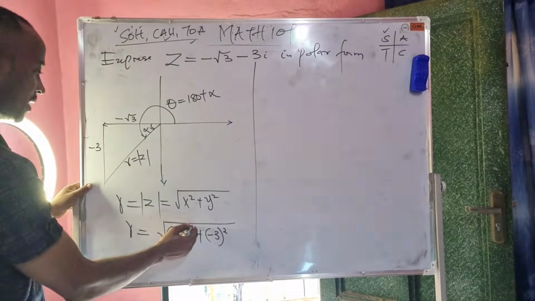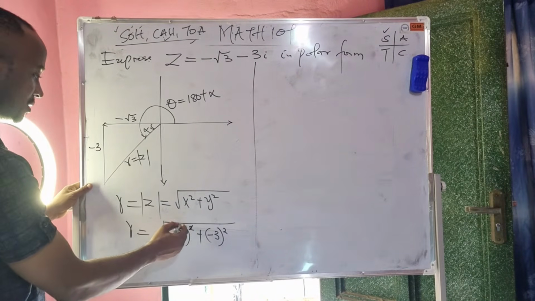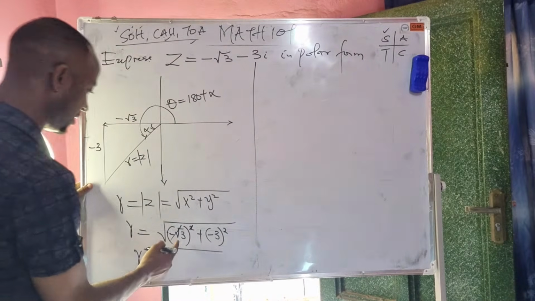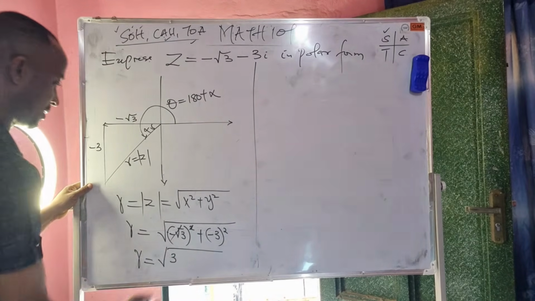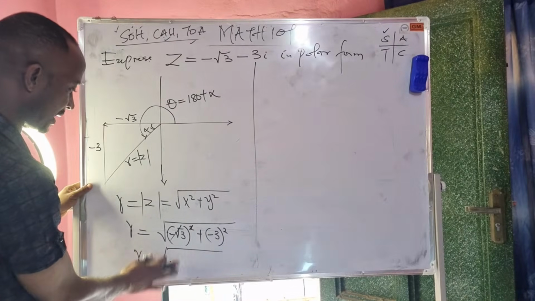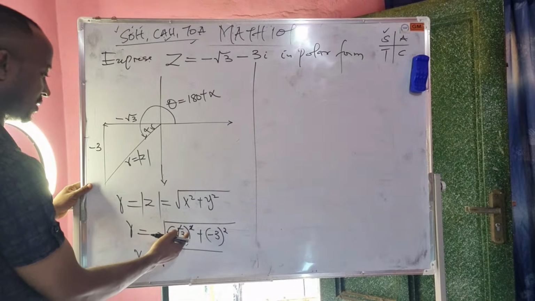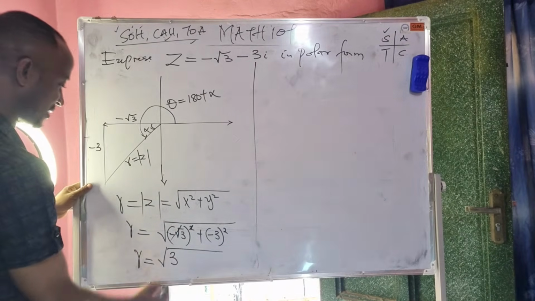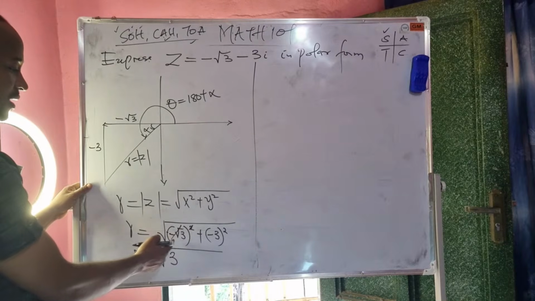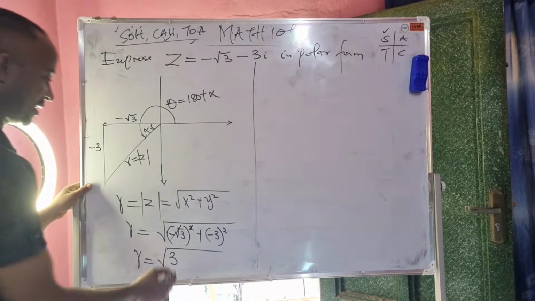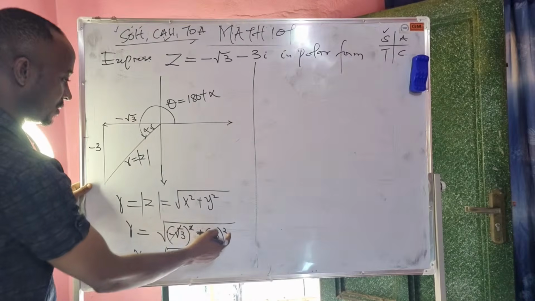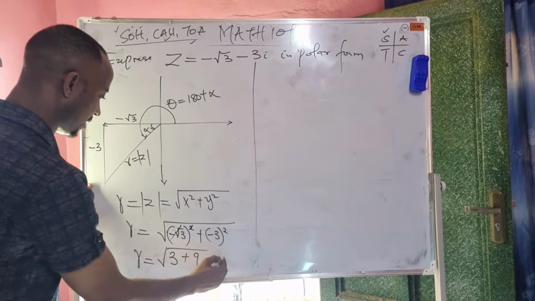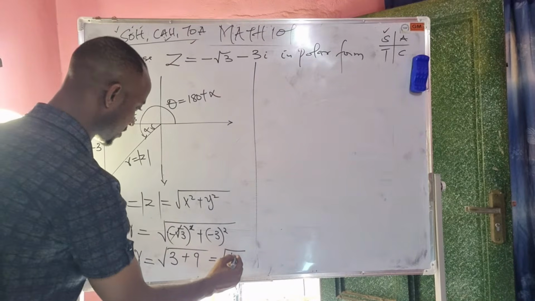The square cancels the square root, so we are left with positive 3, because the minus becomes positive. Plus the square of minus 3 gives us 9. By the time we add up 3 plus 9, that gives us 12.